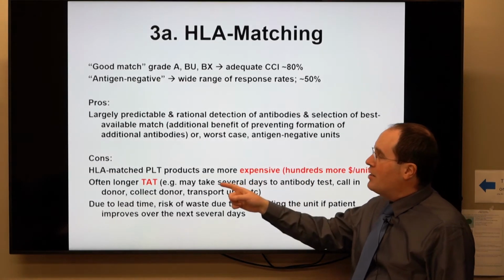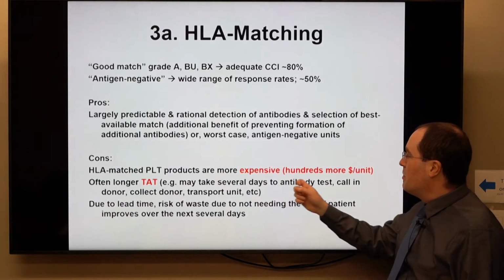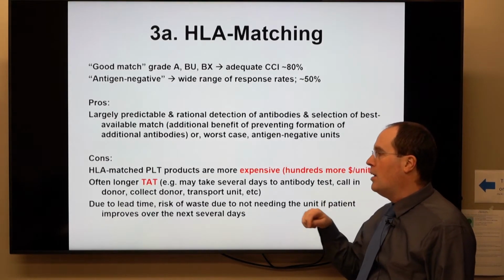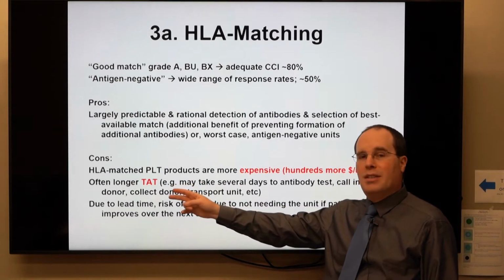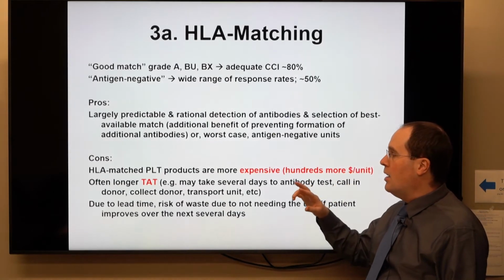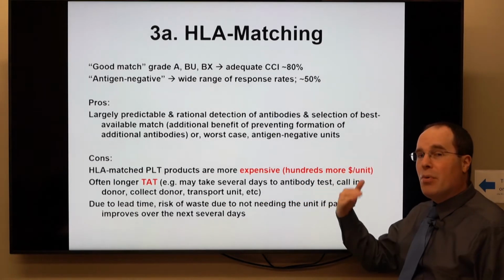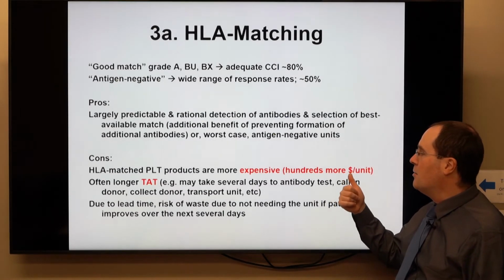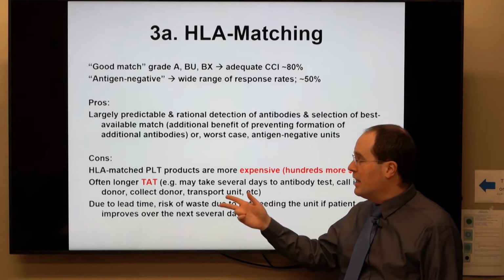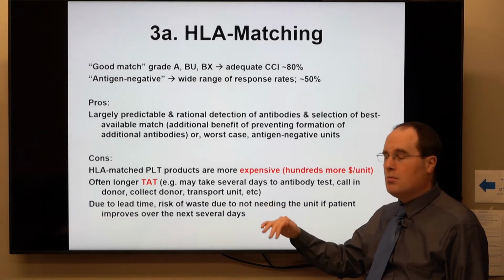And then some cons are, well, HLA matched products are more expensive, usually a few $100s more per unit, number one. Number two, there's often a longer turnaround time compared to cross-matched platelets that we'll see. It may take several days to do the whole process of antibody testing, phenotyping, calling in a donor, collecting a donor, transporting the unit, and so on.